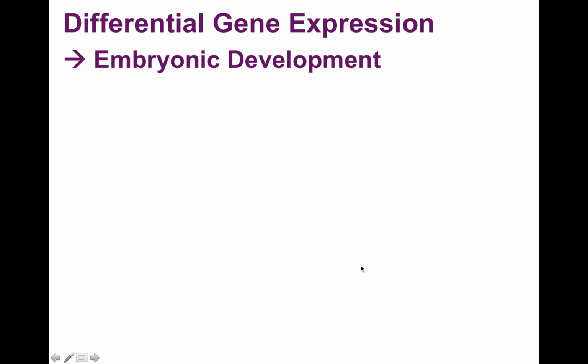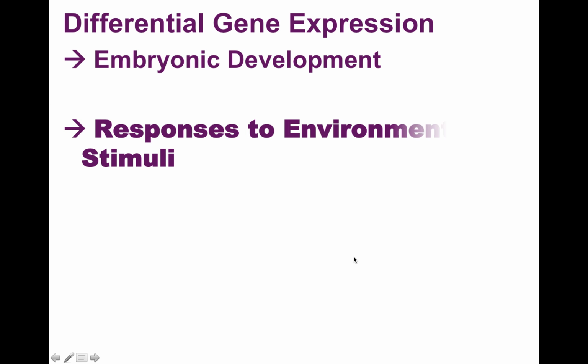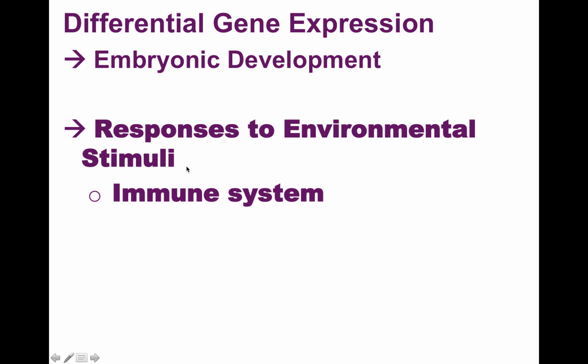So differential gene expression in the embryo can explain what goes on during embryonic development. We can also have differential gene expression in response to environmental stimuli, such as the immune system. Your immune system mounts a response to a foreign invader, and the expression of genes in those cells changes.